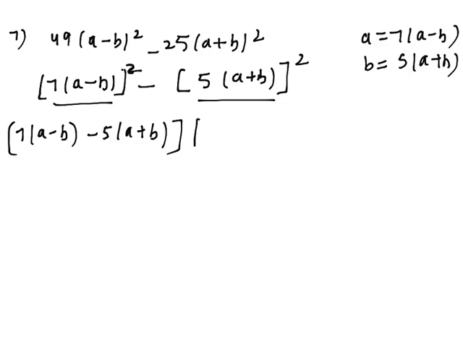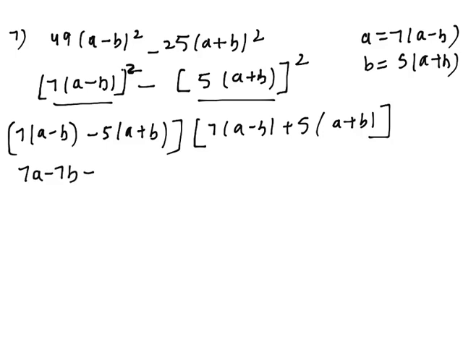And again we will write a plus b, 7(a minus b) plus 5(a plus b). Now what we will do, we will open the brackets. We will get 7a minus 7b minus 5a minus 5b, as here we have negative.